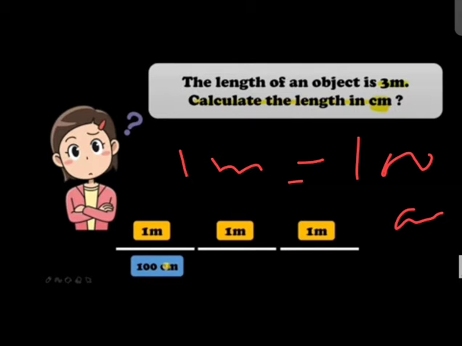So if we add 100 plus 100 plus 100, it will be equal to 300 centimeter. So the length in centimeter is 300 centimeter, because if 1 meter is equal to 100 centimeter, then 3 meter is equal to 300 centimeter. So the answer is 300 centimeter.